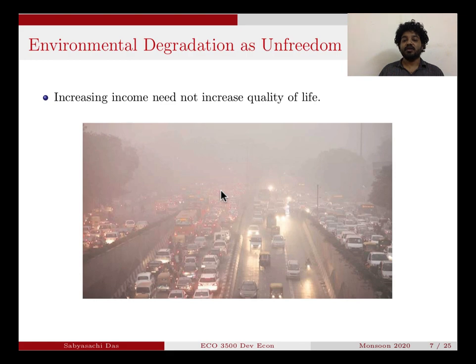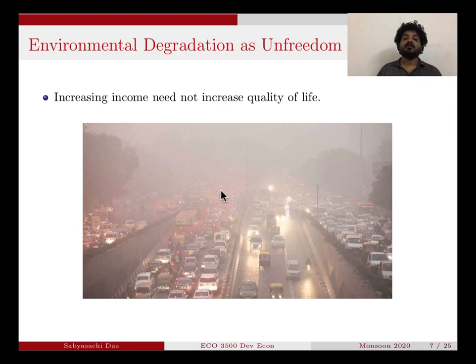So we live rather unhealthy lives, even though in terms of income, the city of Delhi has seen a lot of economic prosperity, but at the same time has seen its air quality plummet rather precipitously, and therefore our capacity to live full lives, especially those of the newborns in Delhi, is going to be greatly hampered by the air quality, even if they are born in relatively rich households.